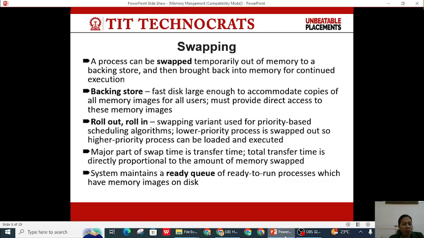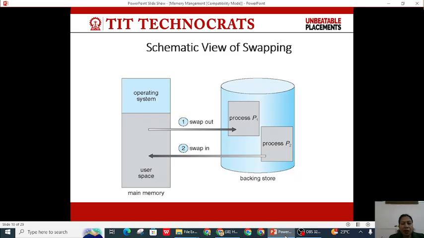The ready queue is basically kept in memory, and it is nothing but the queue of processes kept in memory whenever a process comes into main memory for execution. We can see here a schematic view of swapping. There is the main memory on this side, and the backing store on this side.